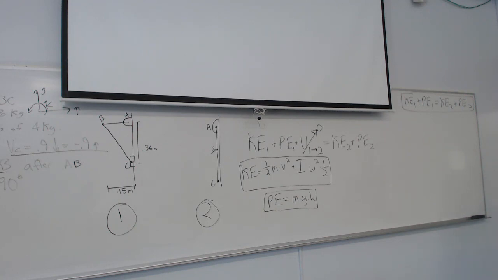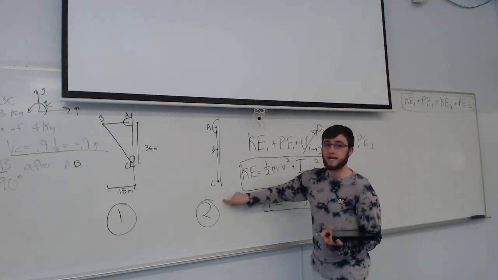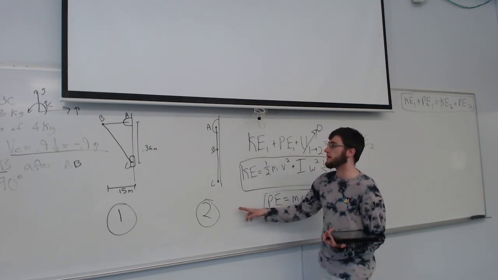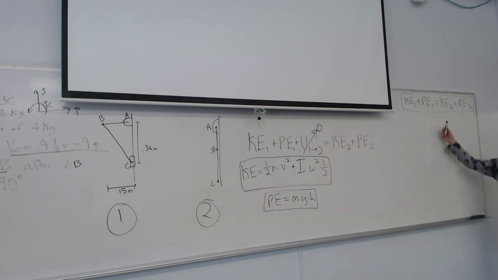And how I'm going to solve this is, I know the velocity of B in this state 2 is what I'm trying to solve for, right? That's in the kinetic energy of 2 term.